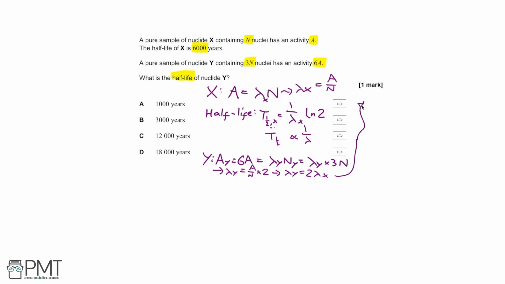Then, using that t half is inversely proportional to lambda, what we find is that because lambda y is equal to 2 times lambda x, it means that t half y must be equal to a half times t half x. This is because since t half is inversely proportional to lambda, an increase in lambda by factor 2 means that t half must decrease by factor 2.